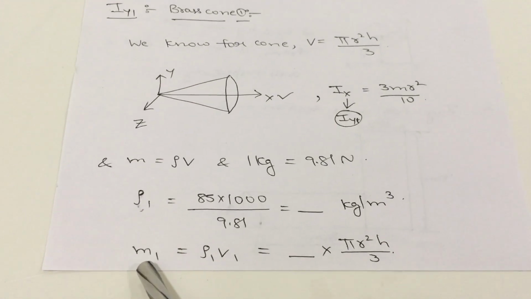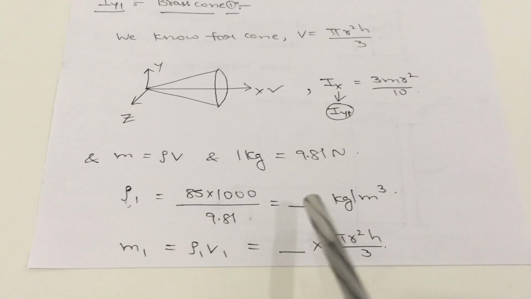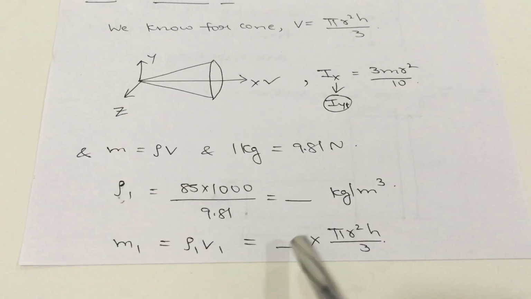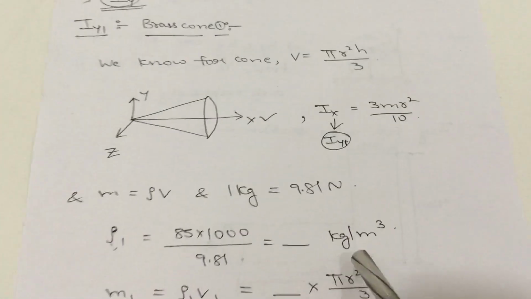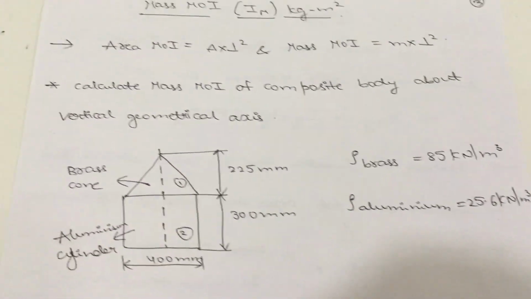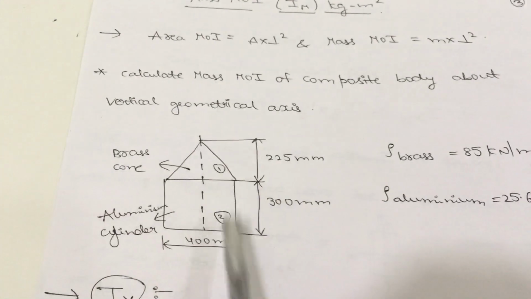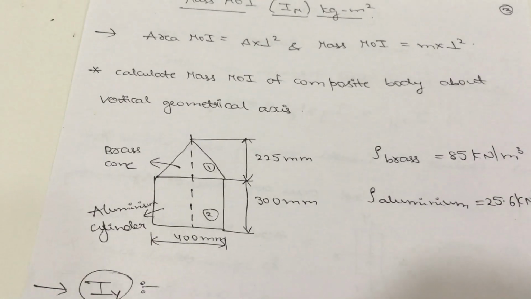Next, we know that the mass formula is equal to density into volume. So we already got the density value. Next, the volume formula we know for the cone is pi r square h by 3. And one more thing, here every value is given in terms of mm. So convert all the dimensions which are given in the question into meters.